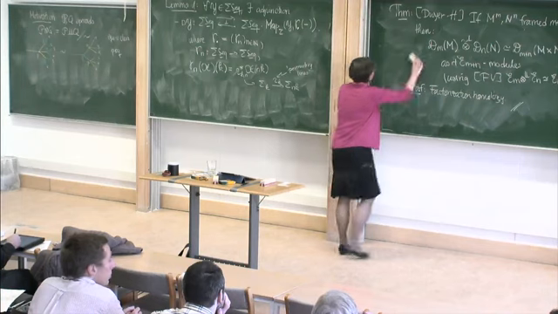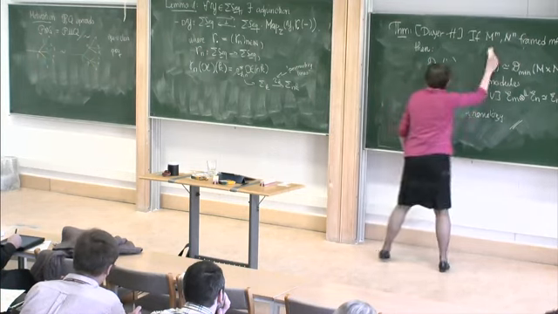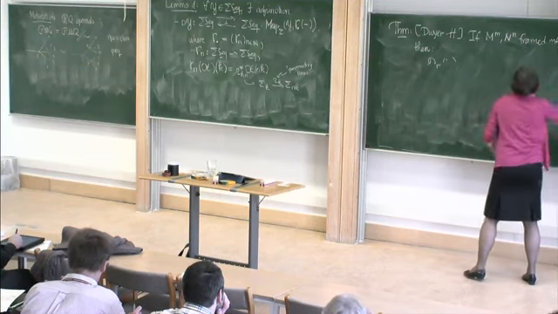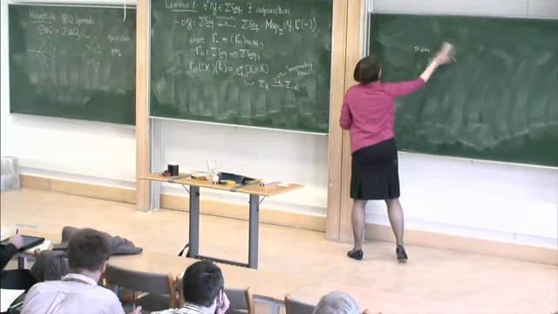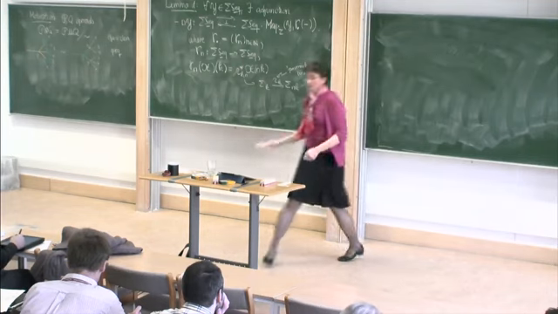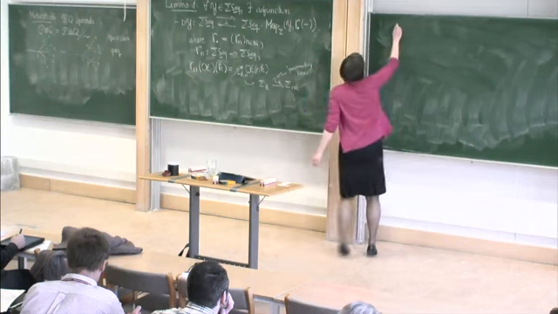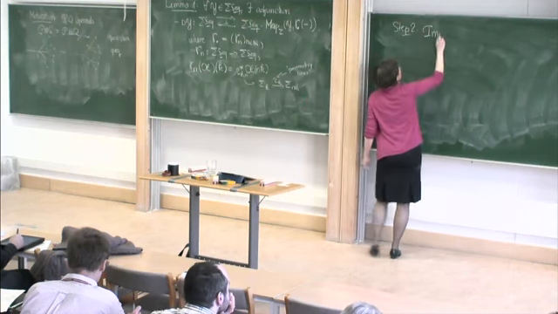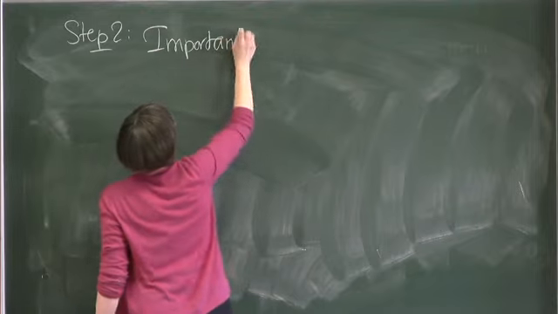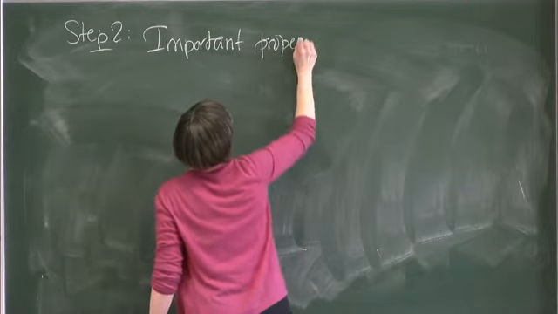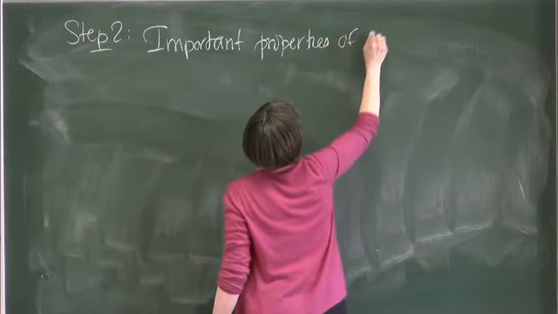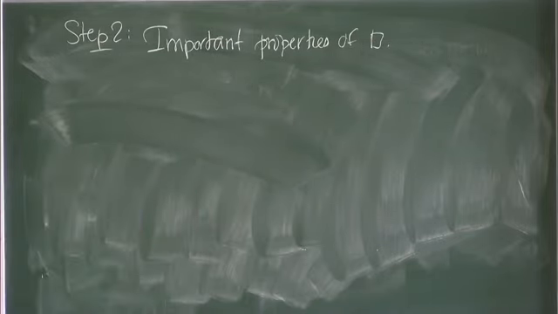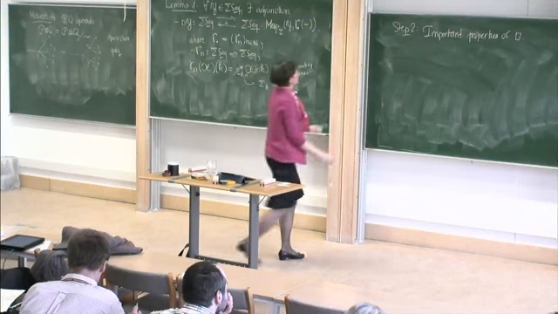Okay. So now I want to say something about certain important properties of this box product, that we'll use then in order to define the structure that we need.